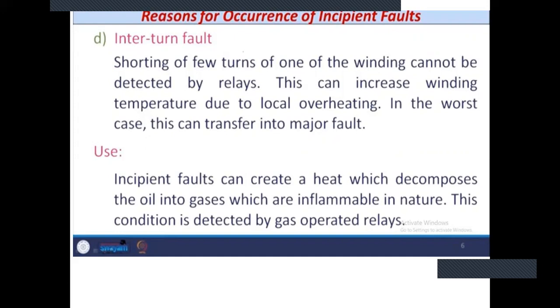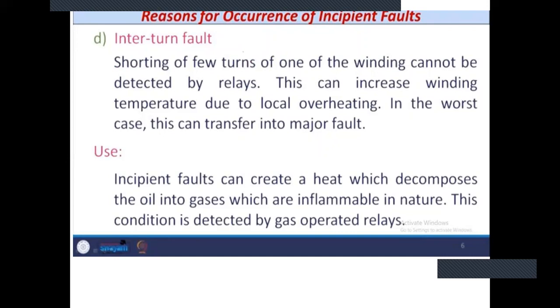Keep in mind that an interturn fault occurs in one particular phase or multiple phases. Whatever protective device we use, normally differential protection is not capable of detecting such an interturn or turn-to-turn fault. So we have to detect this type of fault with a separate device or separate arrangement.